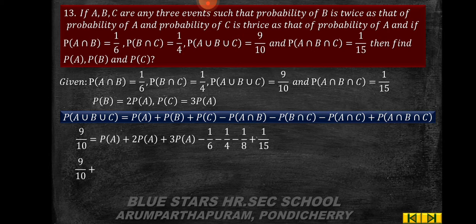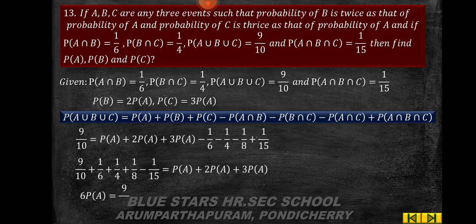So 9 by 10 plus 1 by 6 plus 1 by 4 plus 1 by 8 minus 1 by 15 is equal to P of A plus 2 into P of A plus 3 into P of A.